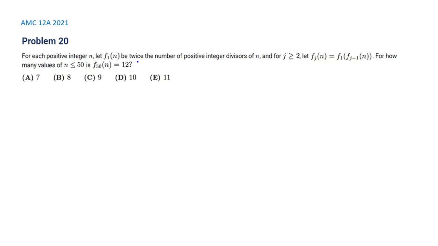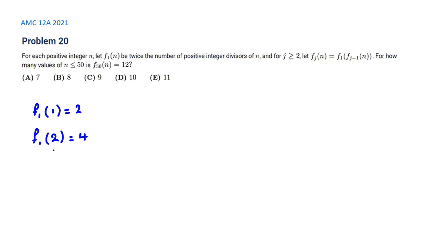Here we say okay. And the problem says f1 of n is twice the number of positive divisors. So if we consider f1 of, for example, 1, it will be what? Twice the number of positive divisors. 1 has 1 positive divisor, so f1 of 1 is 2. f1 of 2 is what? 2 has 2 divisors, so twice that is 4.